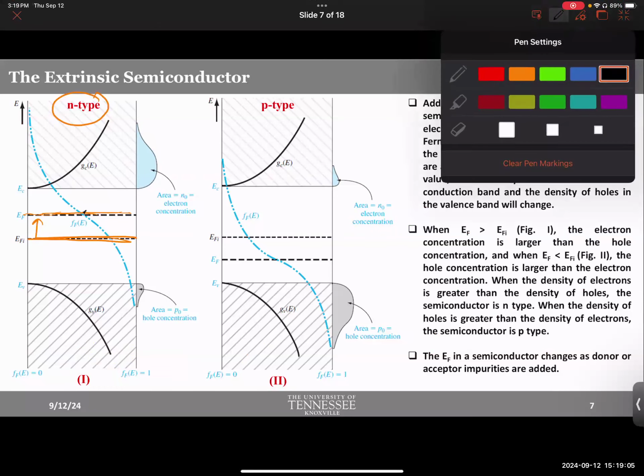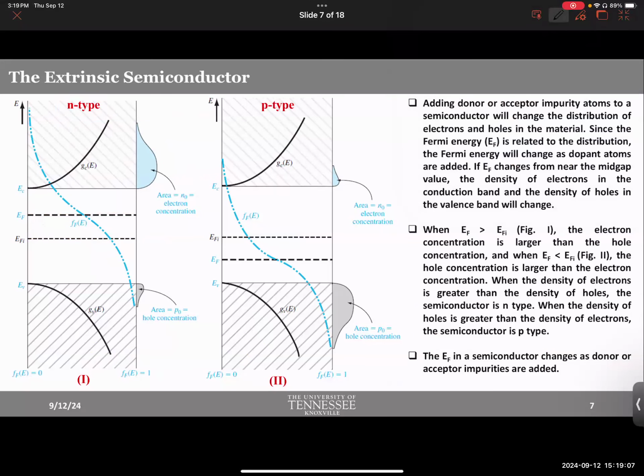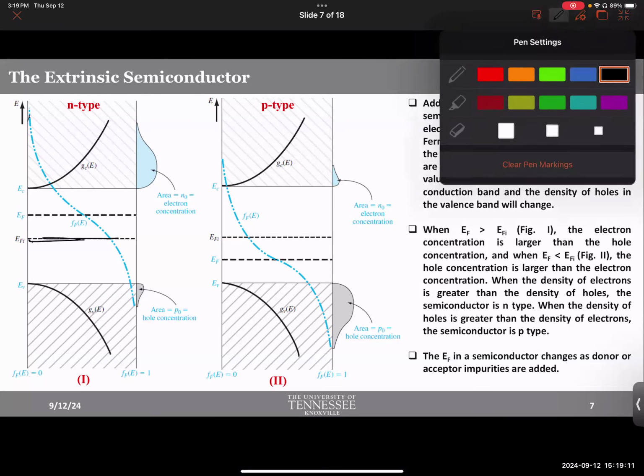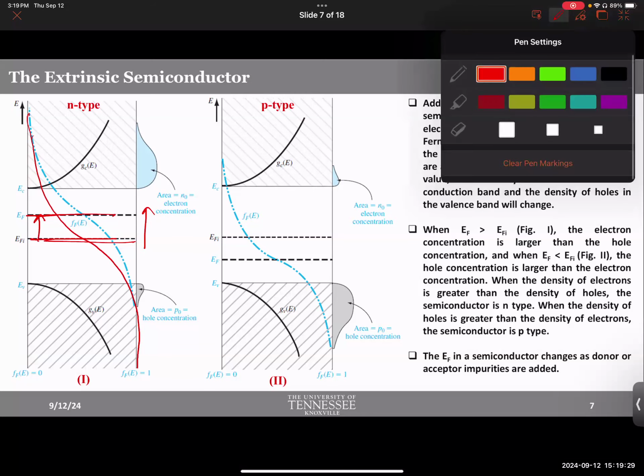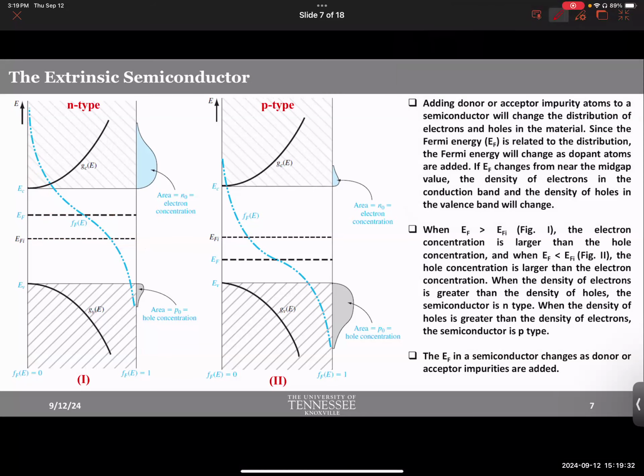If you could compare them side by side, you would see this was the intrinsic Fermi level, and the transition used to occur here, as the red line suggests. But by moving the Fermi level above, by doping, you have basically shifted the Fermi function. Okay? Doesn't look like it, but you have done that.